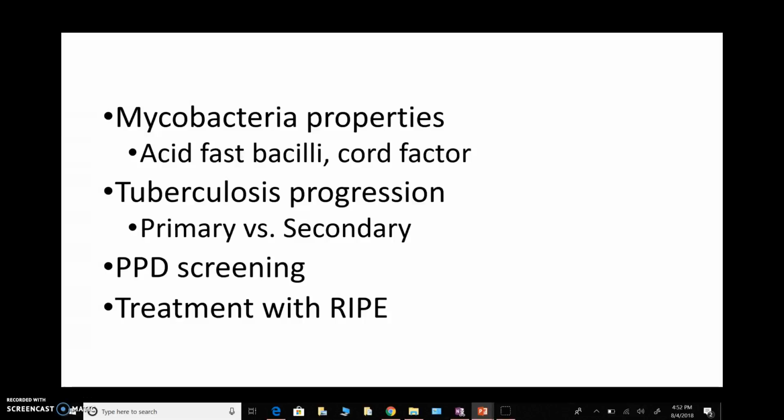PPD screening, the requirements for that, in particular the sizes of the 15 versus 10 versus 5 millimeters, and that latent versus active infection. And then keep in mind your medications and the mechanisms behind those, and also some of the side effects for them that you saw on that slide earlier.